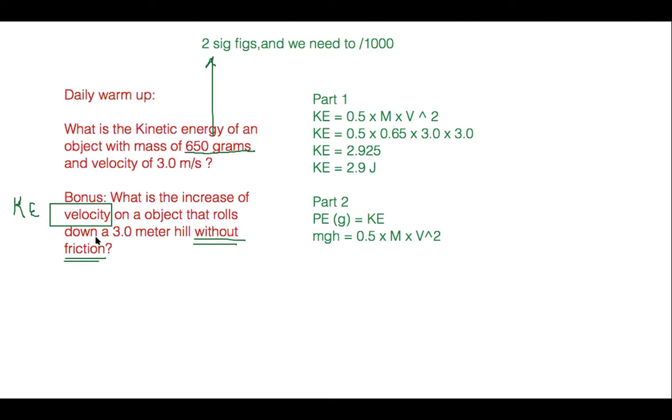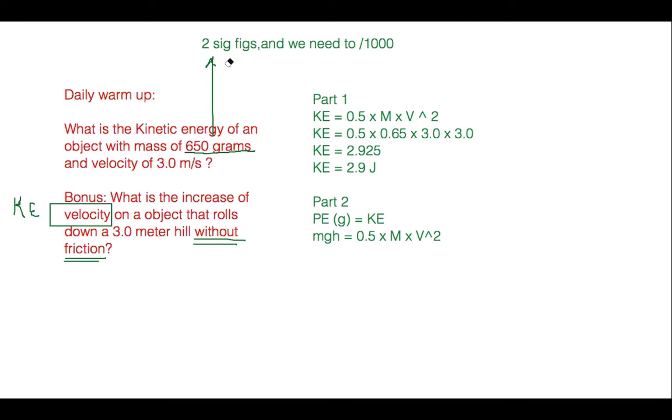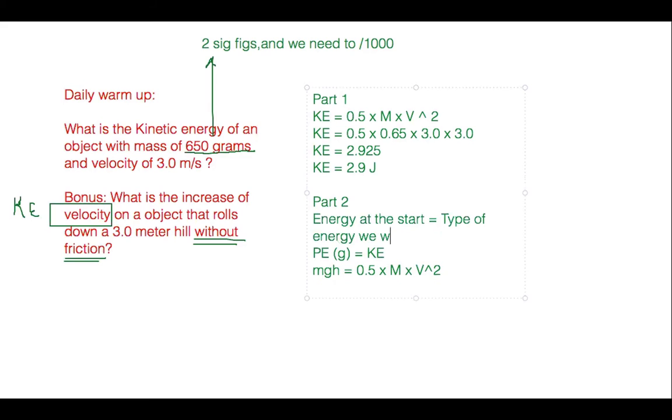In general, for these type of problems, you're going to say what we start with, and I'll type this so it looks really nice. For these problems that are a little bit trickier, you're going to say the energy at the start is going to be equal to the energy, the type of energy we want.